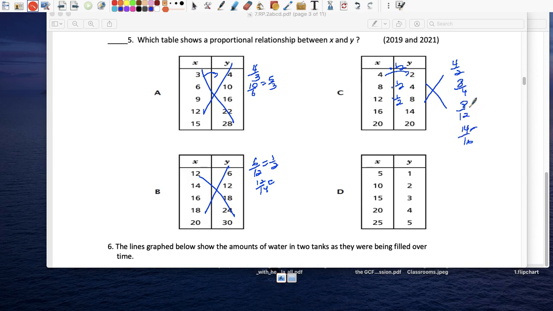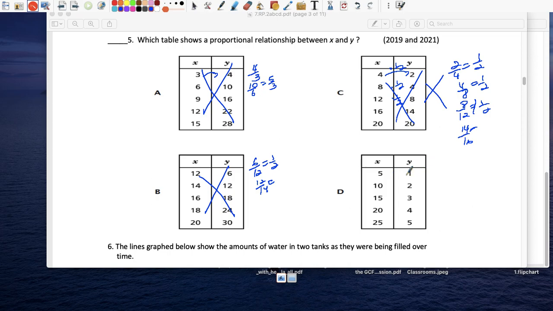Sorry, it's y over x, so 2 over 4 gives you a half. 4 over 8 gives you a half, so far so good. But when you get to 8 over 12, it does not give you a half, so this is not proportional.